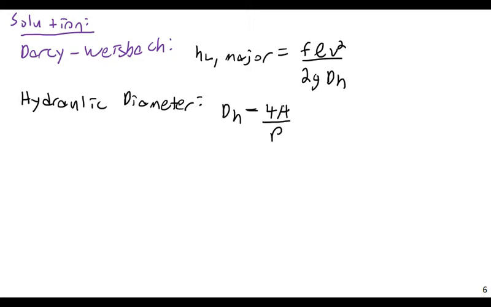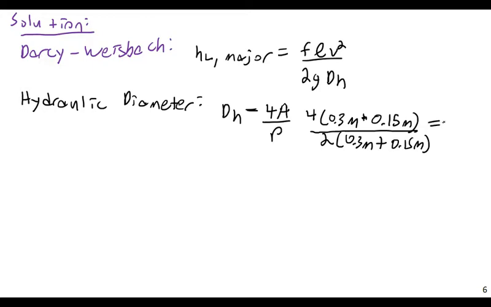That would be 4 times 0.3 meters times 0.15 meters, divided by the wetted perimeter P, which is 2 times 0.3 meters plus 0.15 meters.